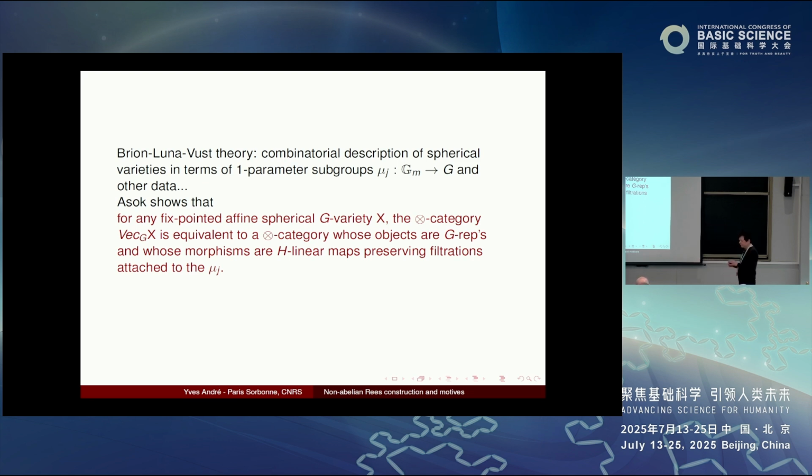So this is very close to the original Rees construction, but here you have several filtrations instead of just one. Of course, in the classical Rees construction, G was Gm and H was just a trivial group.